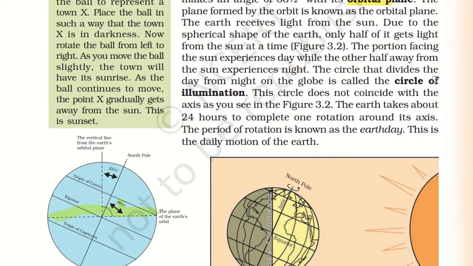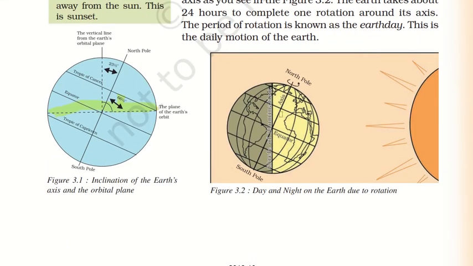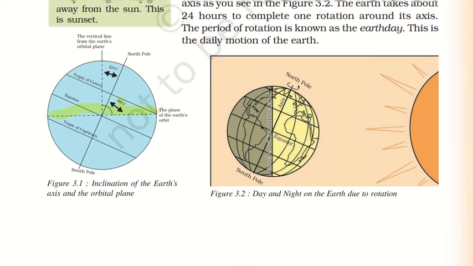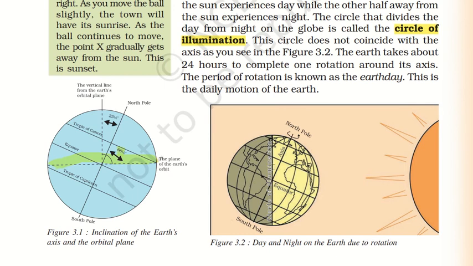And next we can see here the circle of illumination. Here we will first see it by pictorial representation. Half of the portion of the earth experiences day, and the other half experiences night.